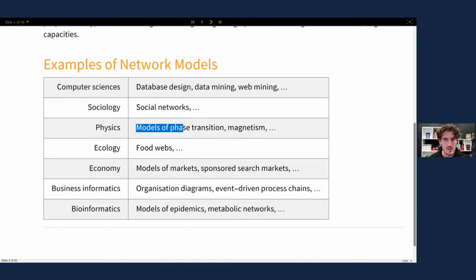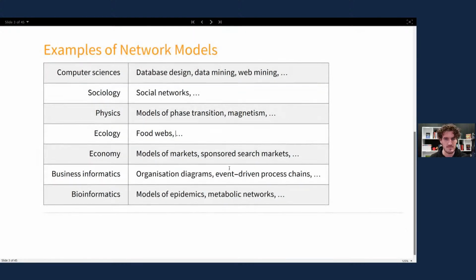In physics, which is my background, we can model phase transitions and lattices, that kind of thing, as graphs. In ecology, you have food webs, which are really just a sort of graph.